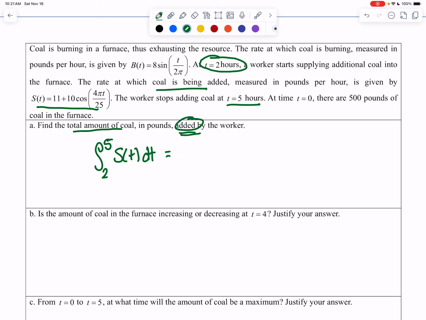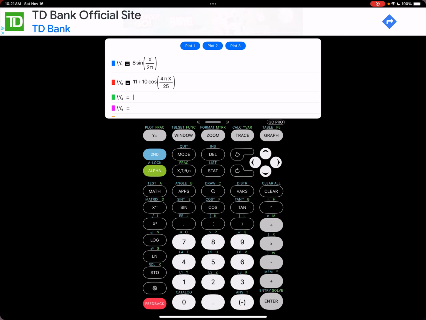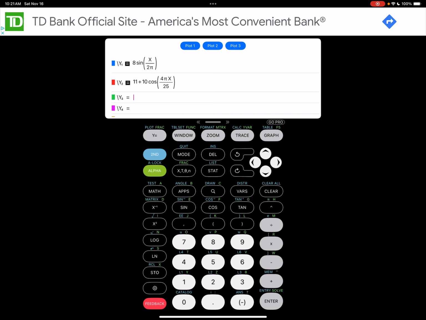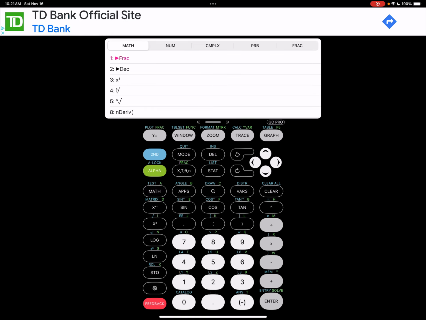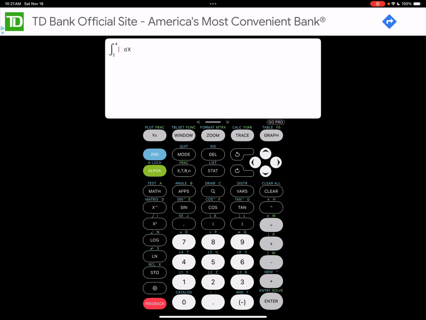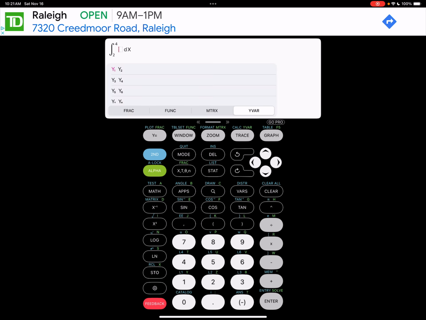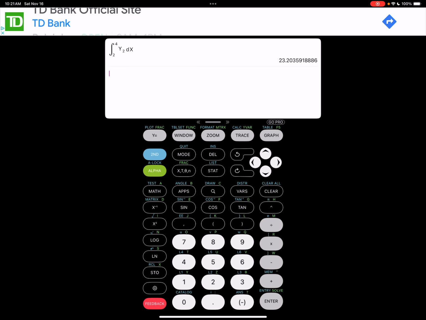Now, if you put that into your handy-dandy calculator, which I already have on my calculator, that is going to be my y2. So I'm going to say y2 with the integral from 2 to 4 of y2.